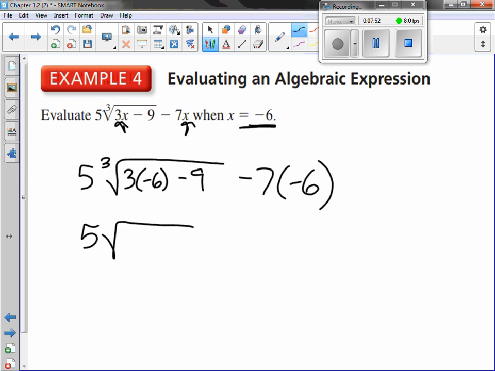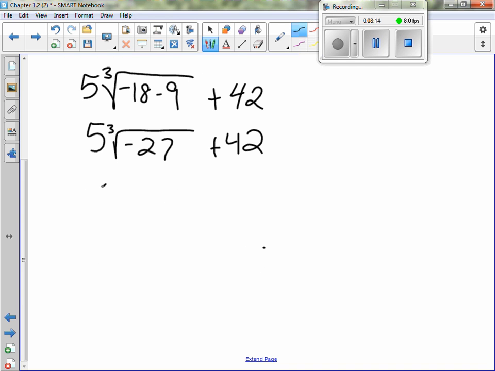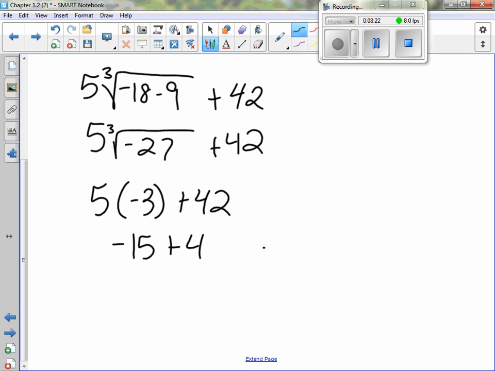Or if you do it by hand, well, 3 times -6 is -18 minus 9. Well, -6 times -7, that's going to be positive 42. -18 minus 9 is -27 plus 42. Now, if we take the cubed root of -27, we find out that it's -3. 5 times -3 is -15. -15 plus 42 is 27, and that is it.